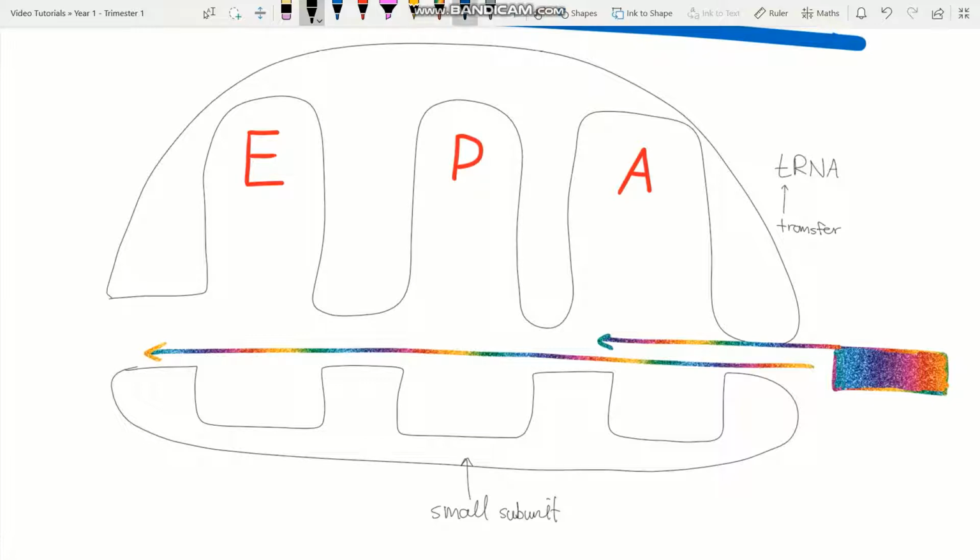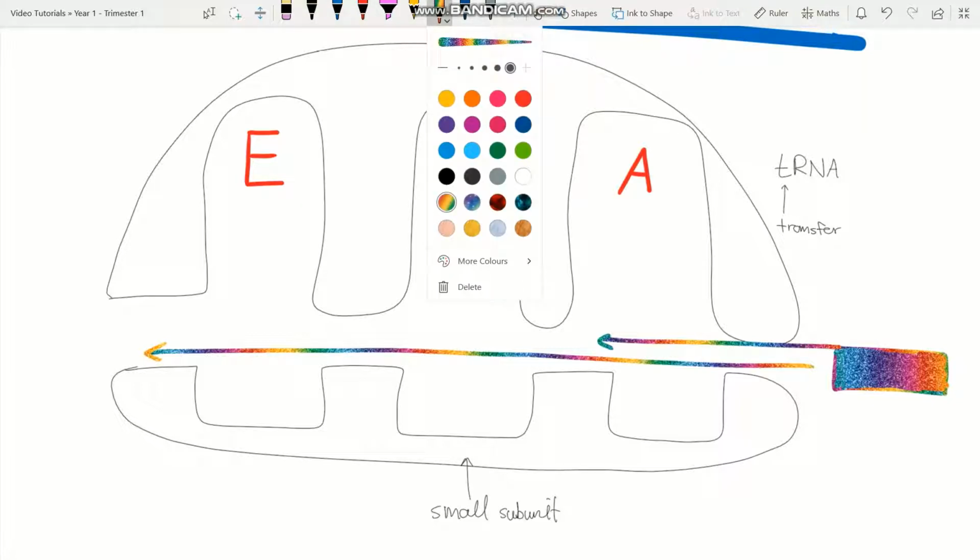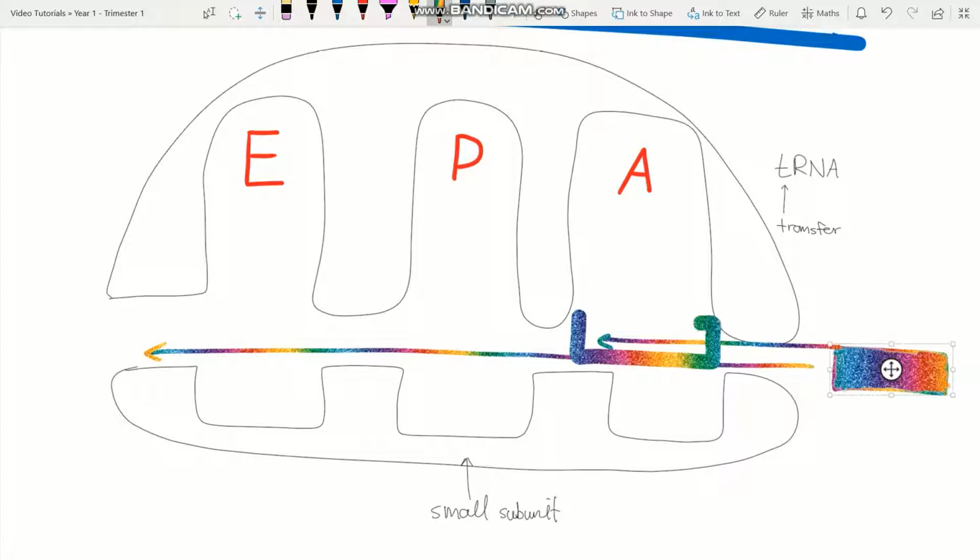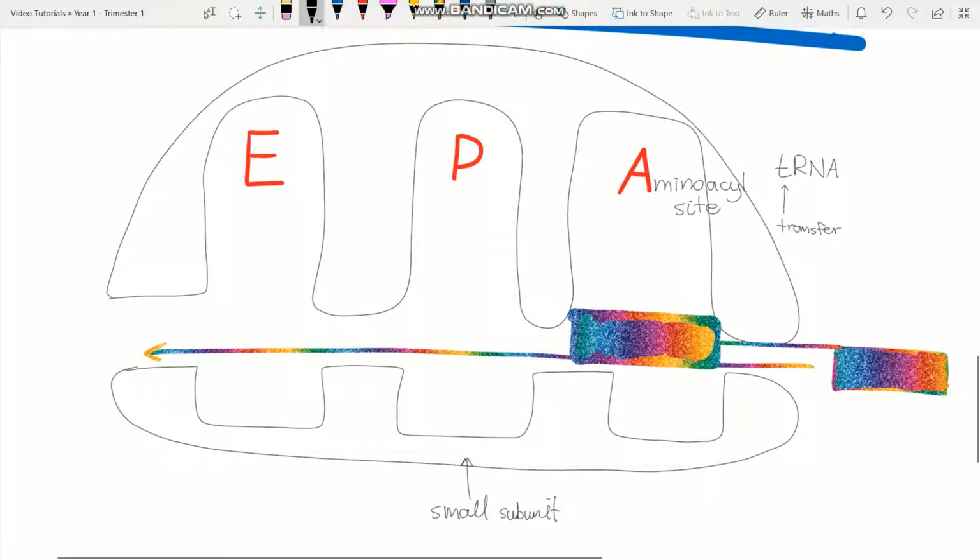Now, as the mRNA molecule passes into the A site, which we actually call the aminoacyl site, the tRNA molecule, purely by random nature, is able to bind specifically with its anticodon sequence to the codon sequence present on the mRNA molecule.